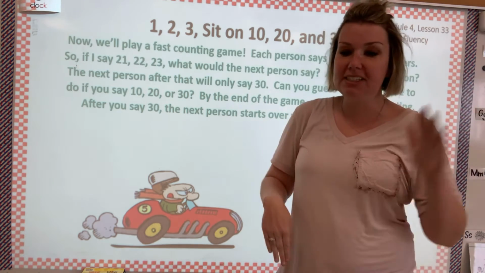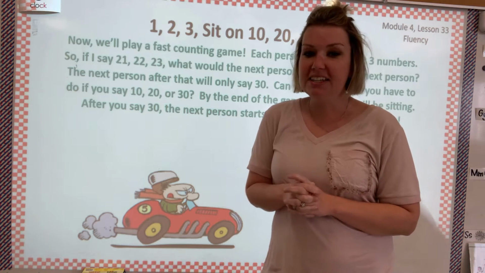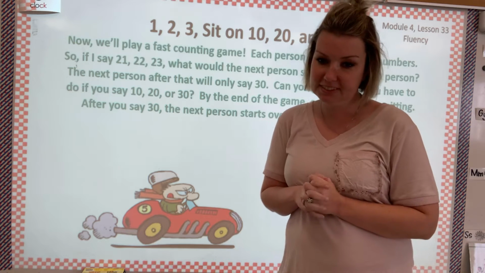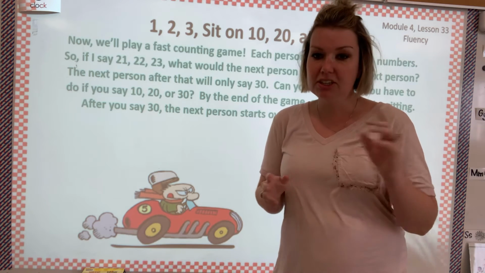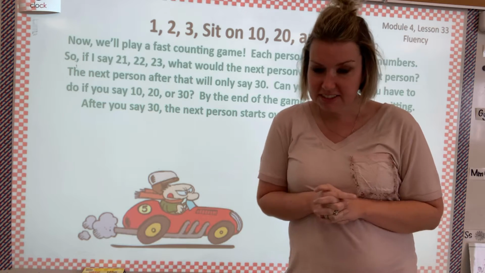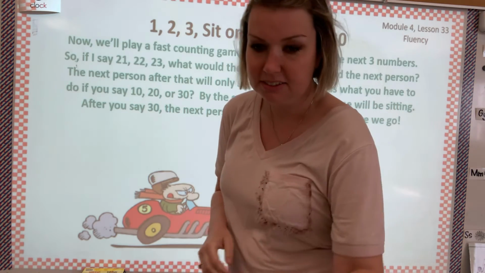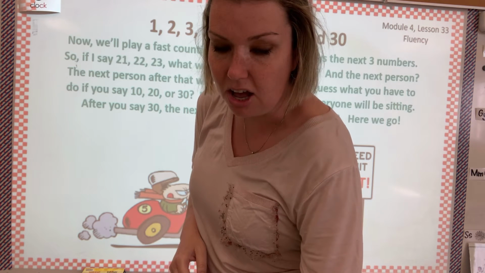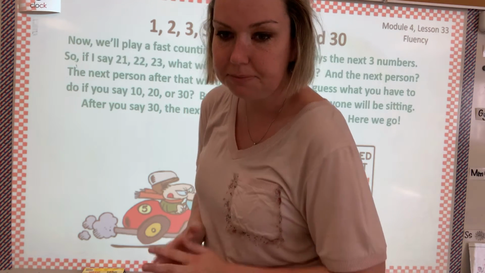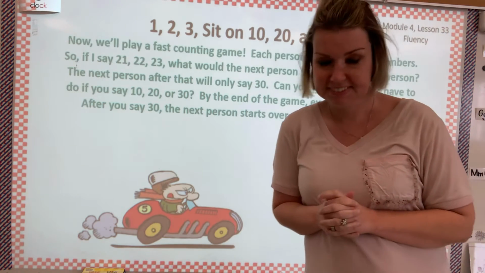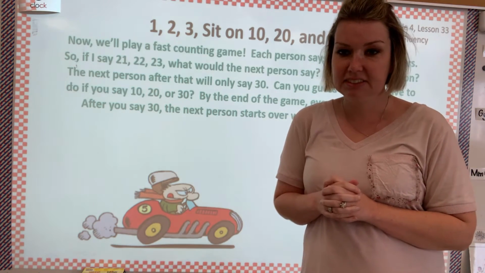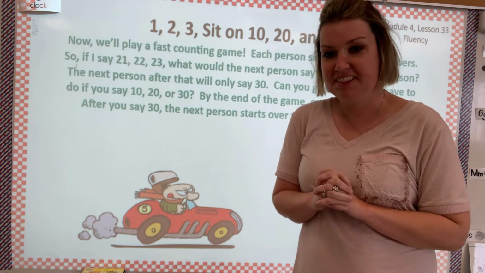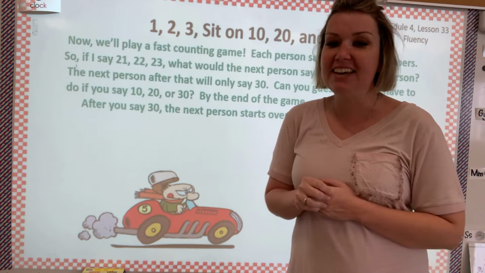You sit down. DJ sits down. All right, Smriti, what comes after 20? Say the next three numbers. 21, 22, 23. Good. Carolyn. 24, 25, 26. Good. Austin. 27, 28, 29. Jonian, what are you? 30. So you sit down.